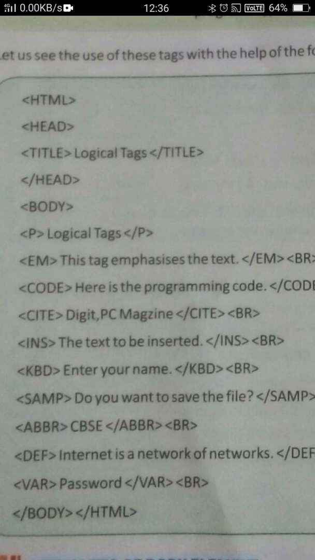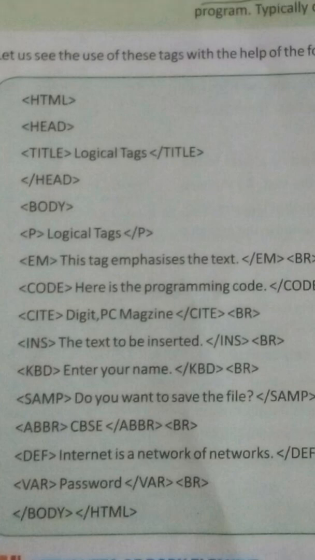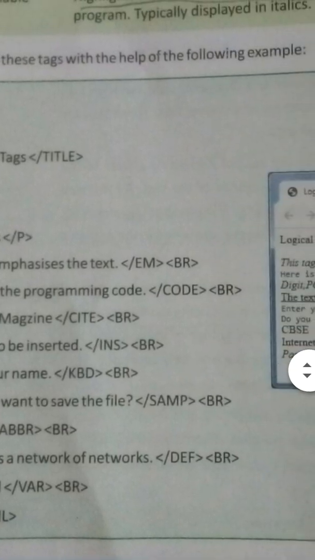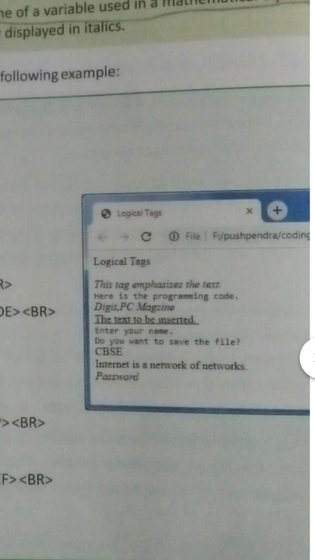For example, you are looking at one program here. In this, firstly after the body and p paragraph, I am showing you the web page. In the paragraph it is written logical tags. You can see here logical tags.